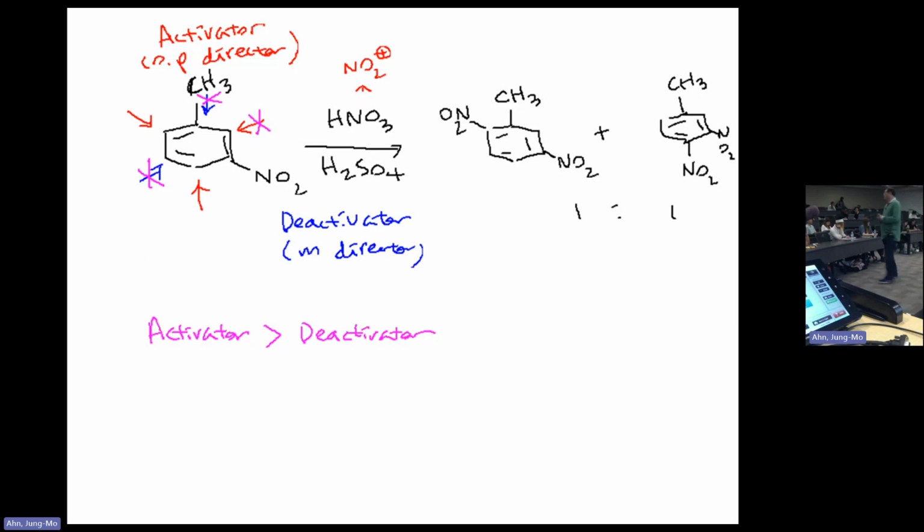But it will be those two, not the one meta to nitro, because that is not what stabilizes the intermediate. Nitro makes it destabilizing, so you shouldn't listen to a voice that makes things worse. You should listen to a voice that makes things go better. So that is the first thing I want you to remember.